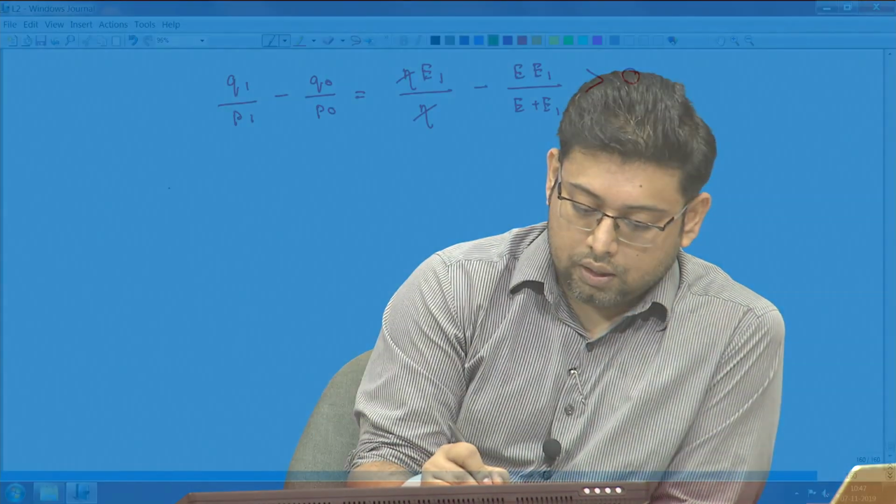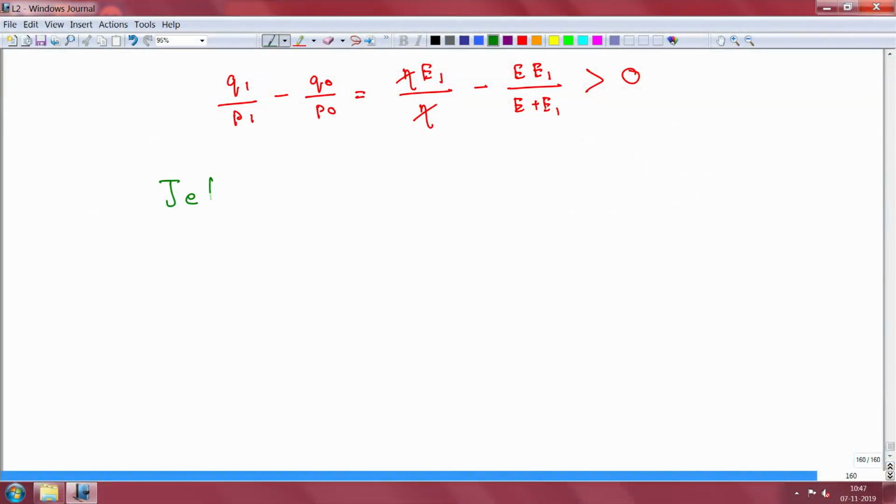What we are going to introduce now is also called the Jeffreys fluid. So, the Jeffreys model. In the Jeffreys model, what you have is a Kelvin-Voigt system.